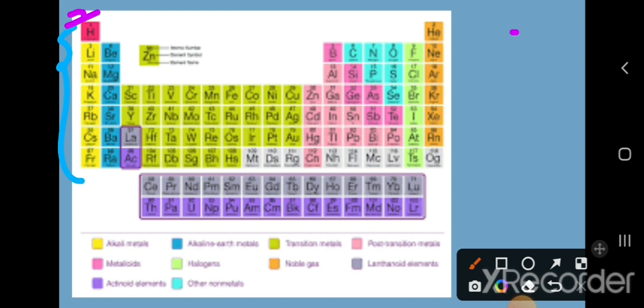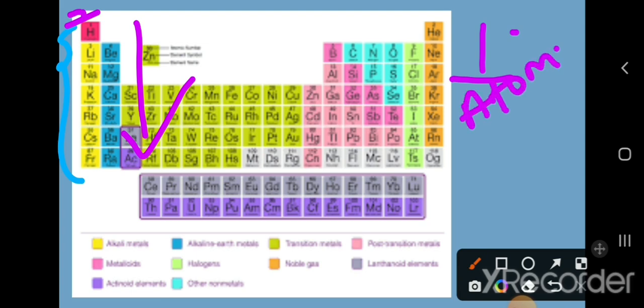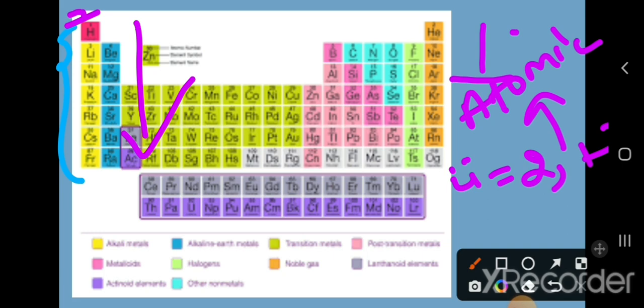Now, if we go down the group from top to bottom, what will happen? We know that atomic size increases, right? Ma'am, how could you say that atomic size increases? You know the atomic number for lithium is 3, with configuration 2, 1.